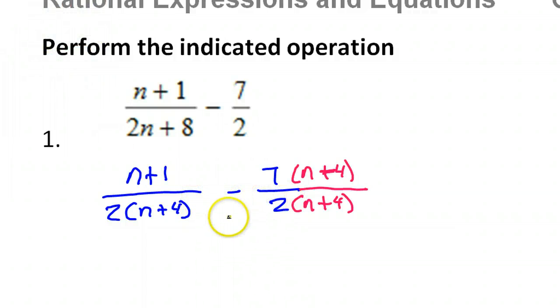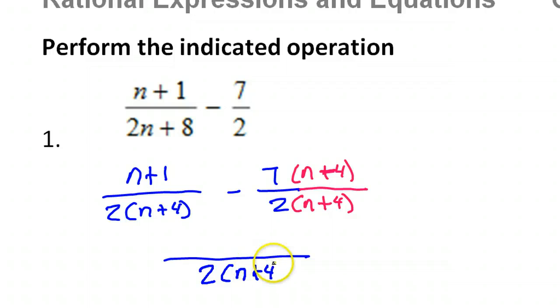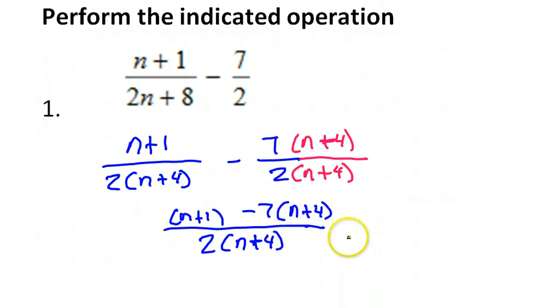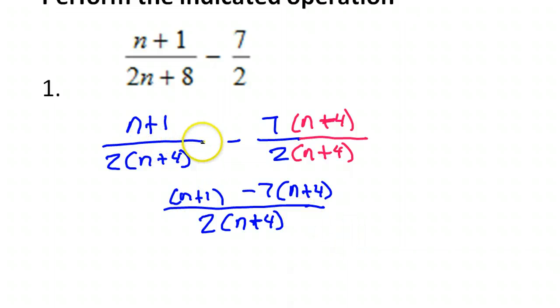Now we can subtract. And the way we subtract is we keep the common denominator, so our common denominator of 2 times n plus 4. And then we go ahead and subtract the numerator. So we have n plus 1 minus 7 times n plus 4. We just put these together, if you will.